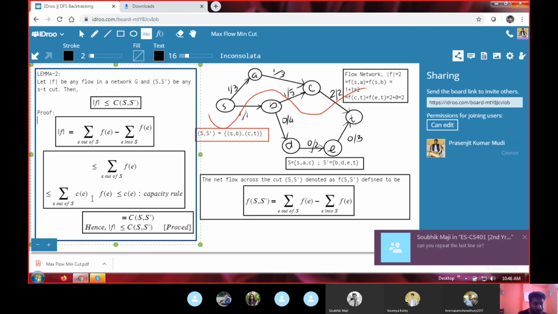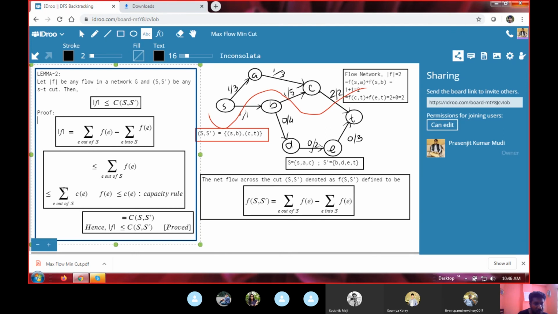Okay. So up to this you have understood the summation of Ce for all e out of S. This is fine. Now what are the Ce which are coming out of S? These are, in this example, the edges which are coming out of S to B, CT. Those edges are nothing but edges in the cut. Their capacities are Ce.